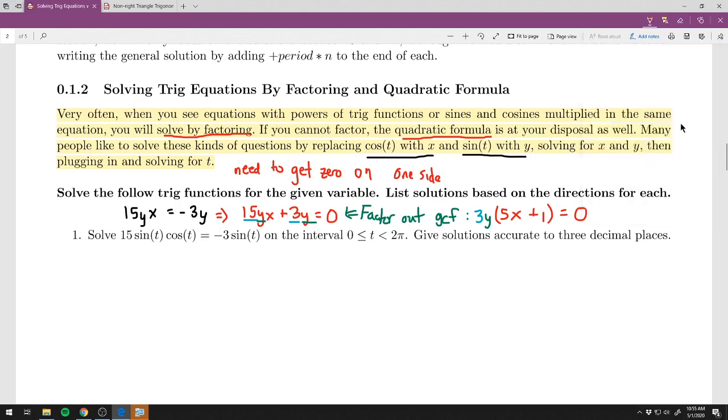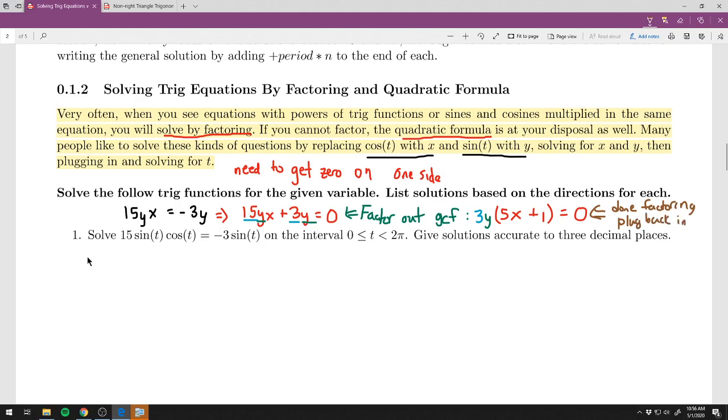Now, what I want to do at this step, since we're not actually solving for y and x, but we did the factoring part, is I'm going to plug back in and actually work the rest of the problem out down here with our actual sine of t and cosine of t. So after you're done factoring, after you're done using the quadratic formula, it's a good idea to plug back in what we did.